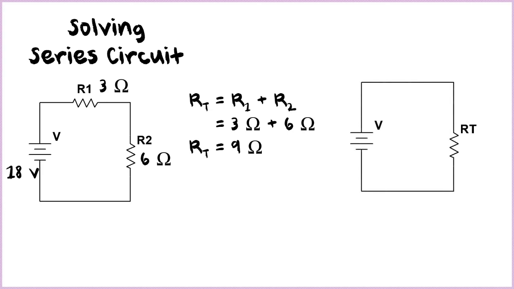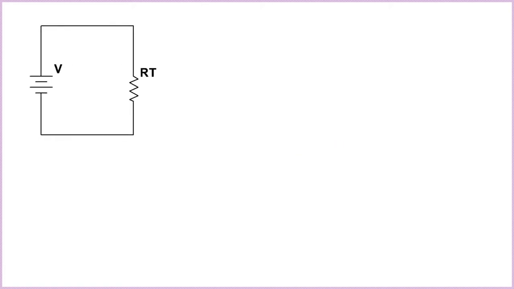And we would redraw the circuit. As a starter, it's better that we redraw the circuit on a sheet of paper. So we have a voltage source and our total resistance now, which is 9 ohms. So redrawing the circuit, we now replace the two resistors with a single resistor called R sub T, with the same voltage source, 18 volts, and 9 ohms. And we will now solve for the total current.